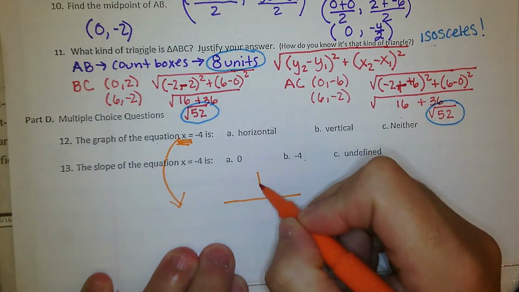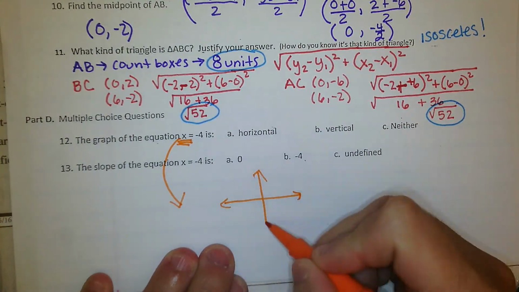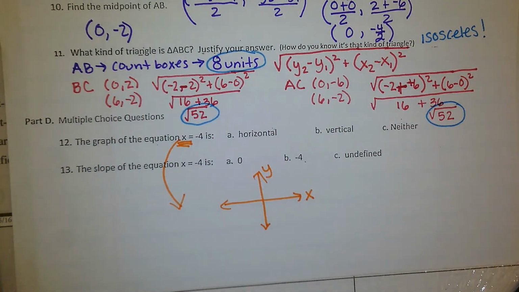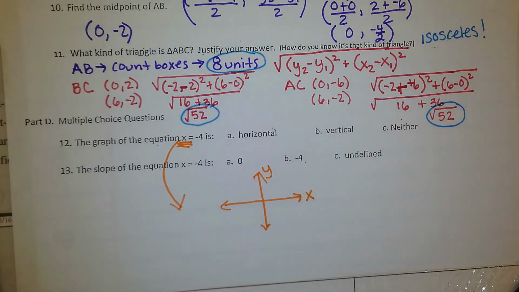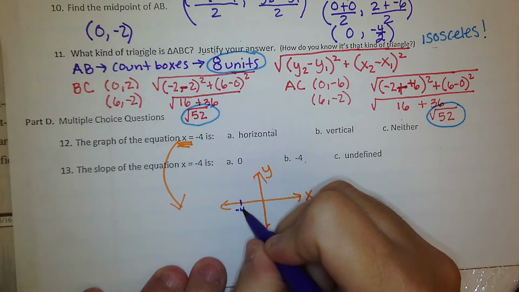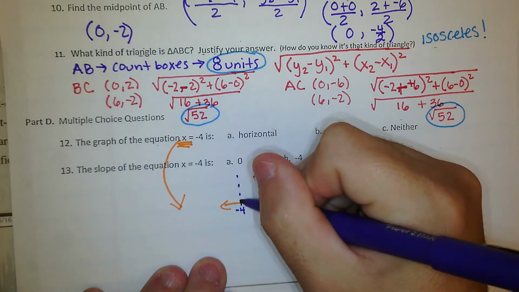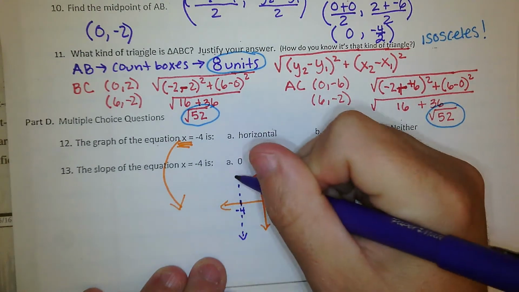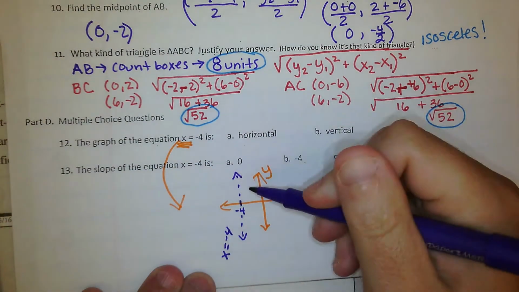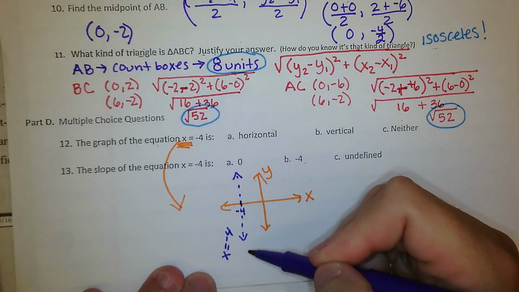If here's my graph, and here's the xy axis, and I'm only passing through the x-axis. The only way that I can do this at -4 is to have this kind of line. This is x equals -4. It only passes through the x-axis at -4.